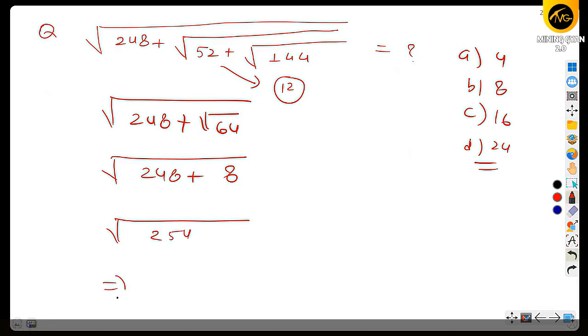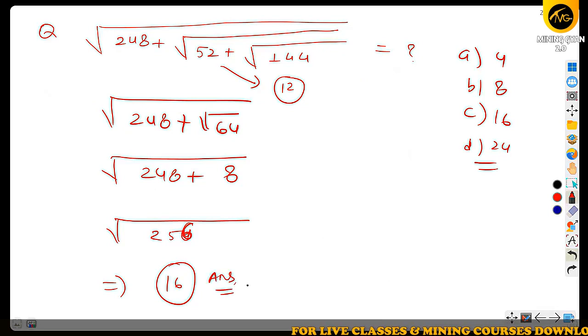That is the square of 16, so the root value of 256 is 16. I hope you all can easily do this type of question.